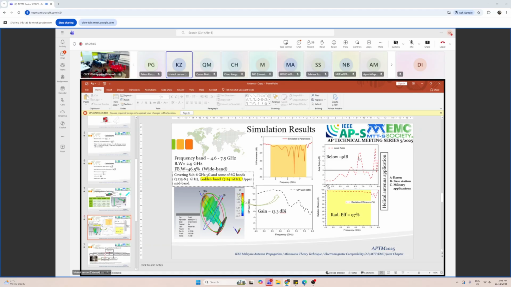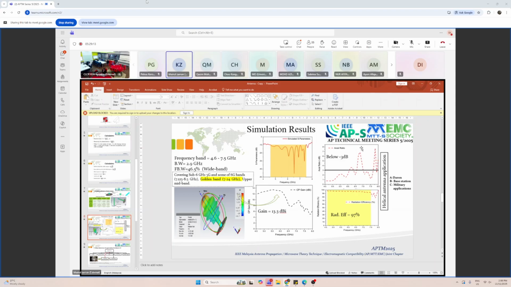As we can see here, it is good starting from 4.6 until 6.1 and at 6.5, but from 6.6 until 7, that means this antenna has no circular polarization at this frequency band.